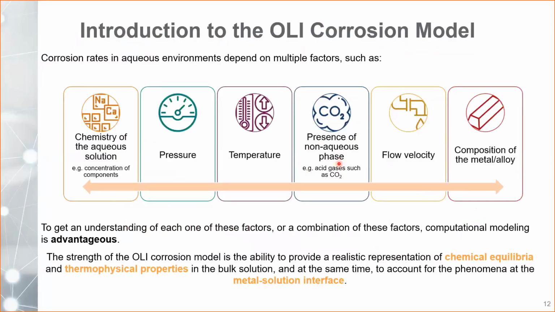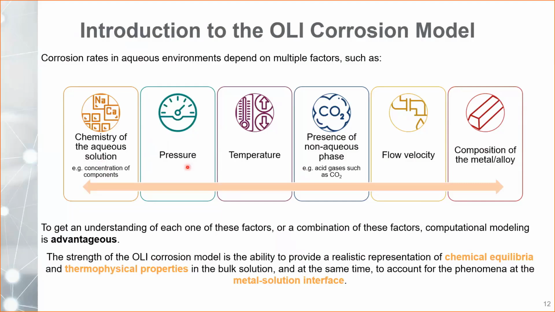Okay, so let me give you a brief introduction to the OLI corrosion model. When we are studying corrosion in aqueous environments, the corrosion rates depend on multiple factors, such as the chemistry of the solution. We know that we have chloride species, for example, so we want to understand the concentration of those components.